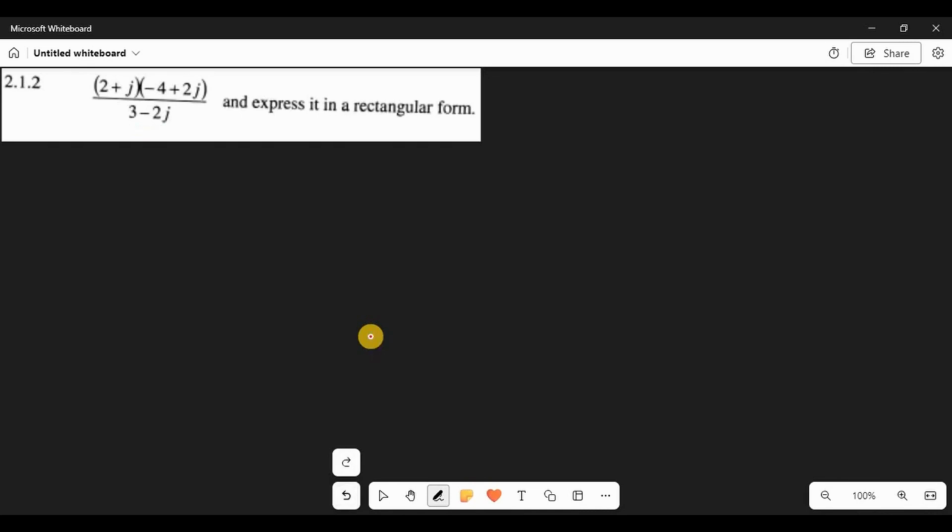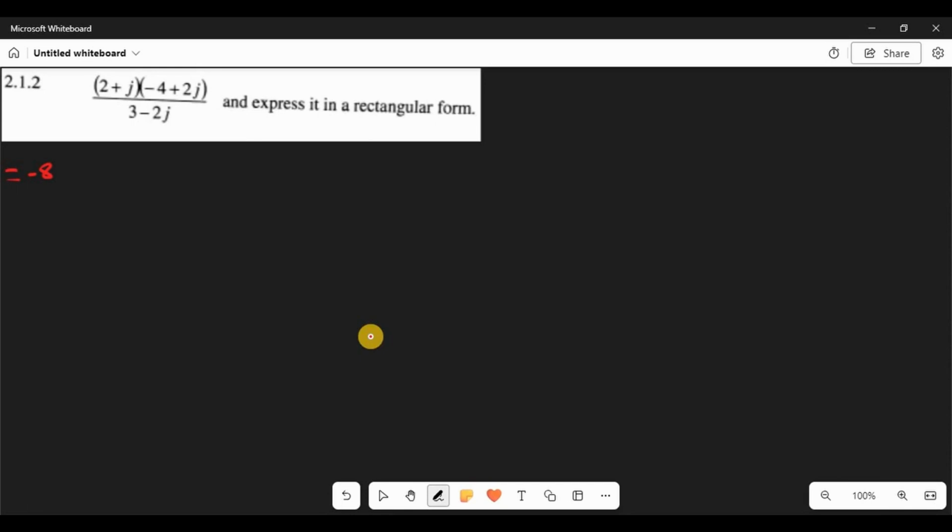So first of all, we just need to multiply, divide, and simplify this to the simplest form. So let's continue. Let's look at the numerator of this expression here. If we say 2 multiplied by negative 4, this is going to give us negative 8, right? And then we say 2 multiplied by positive 2j. In this case, j is used as imaginary, so don't be confused why it is not i.